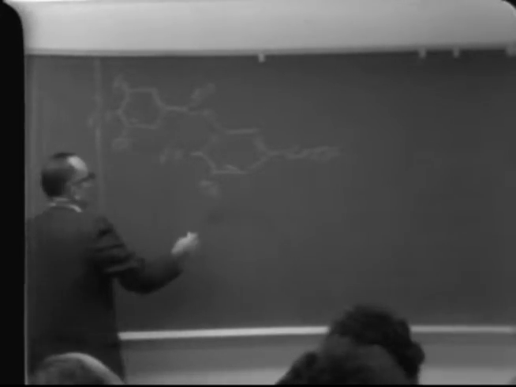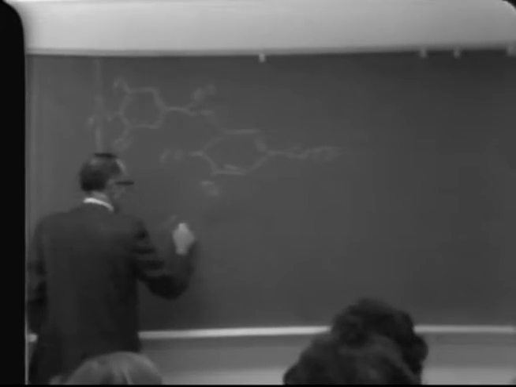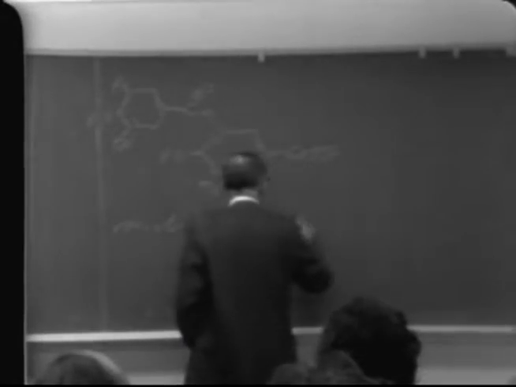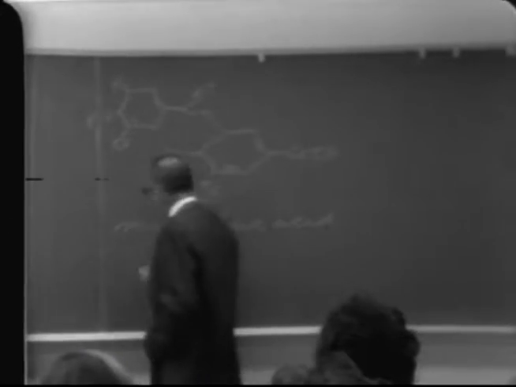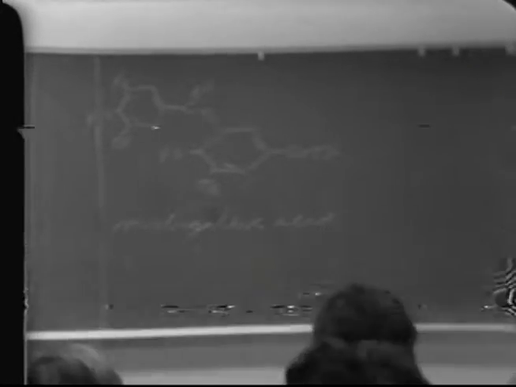So two gallic acids, one esterified to one of the meta-OHs, becomes meta-digalic acid. And that is a compound that you can isolate from tannic acid and is a compound that you can synthesize, but not one that's easy to come by.